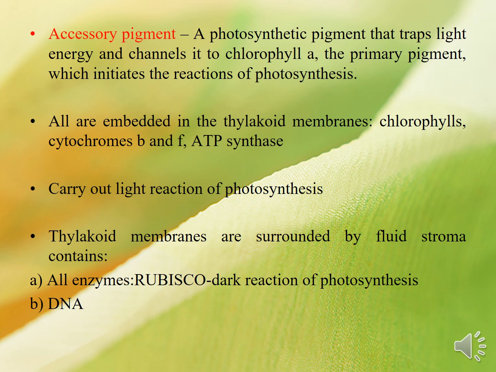This thylakoid membrane is surrounded by the fluid stroma, and in the stroma there are all the enzymes that work in the Calvin cycle, the most important enzyme in the Calvin cycle being rubisco. And the DNA of the plant can also be found in the stroma.